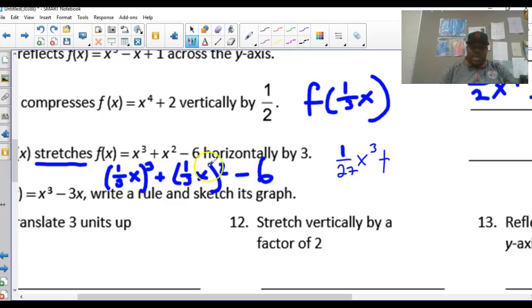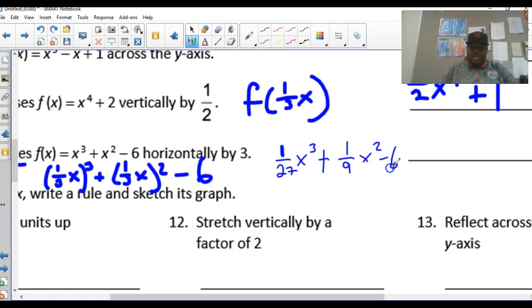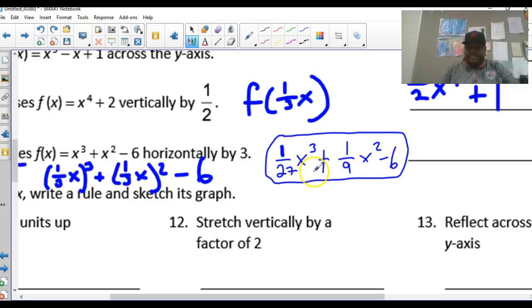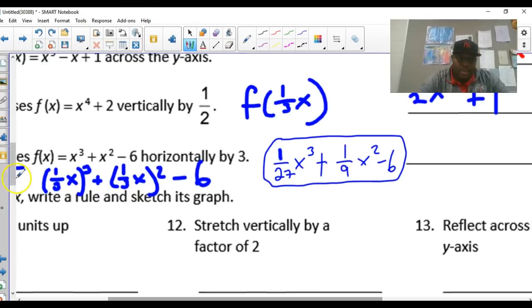Right here, you square the top, which is 1, you square the bottom, 9, x squared, and then we get minus 6. This is your equation for stretching this whole thing by 3. So again, that's the right answer, people.